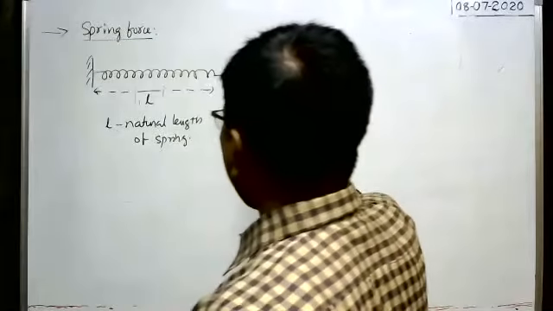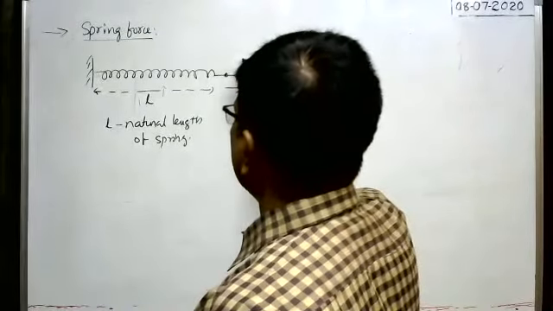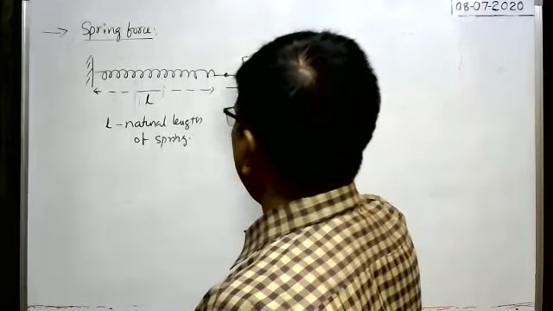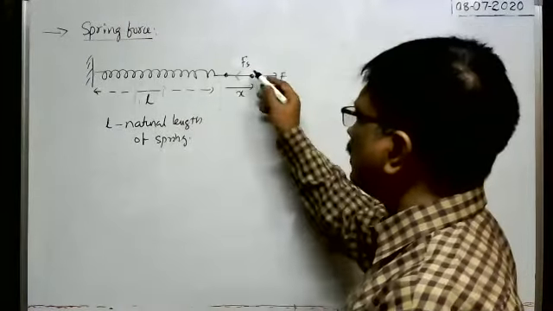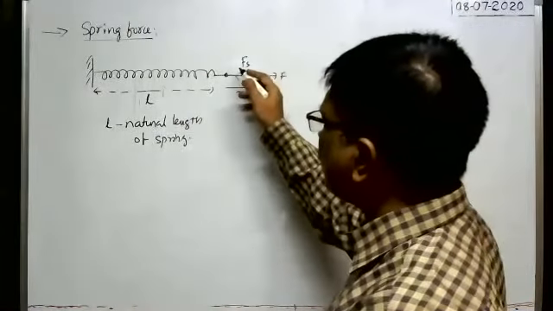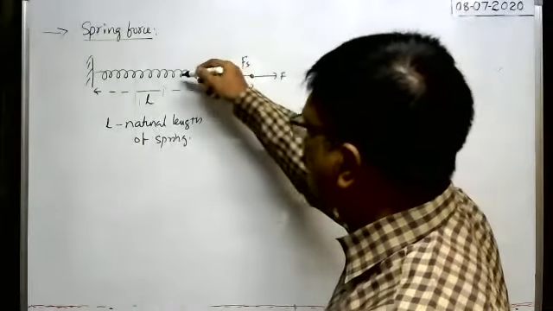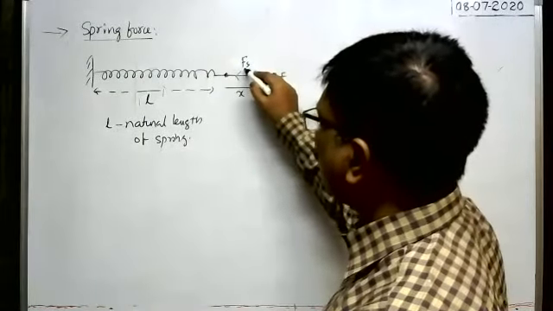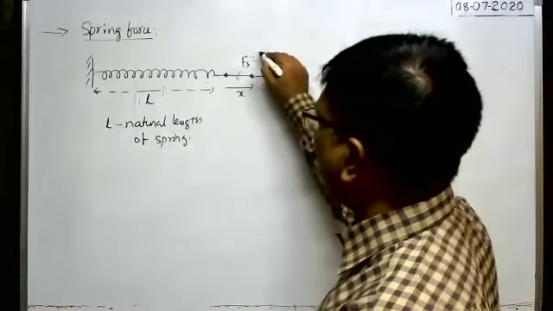The spring force developed in the spring is always opposite to the applied force. That's why the spring force Fs is in this direction. But as it is a light spring, the spring force developed is equal to the applied force only.